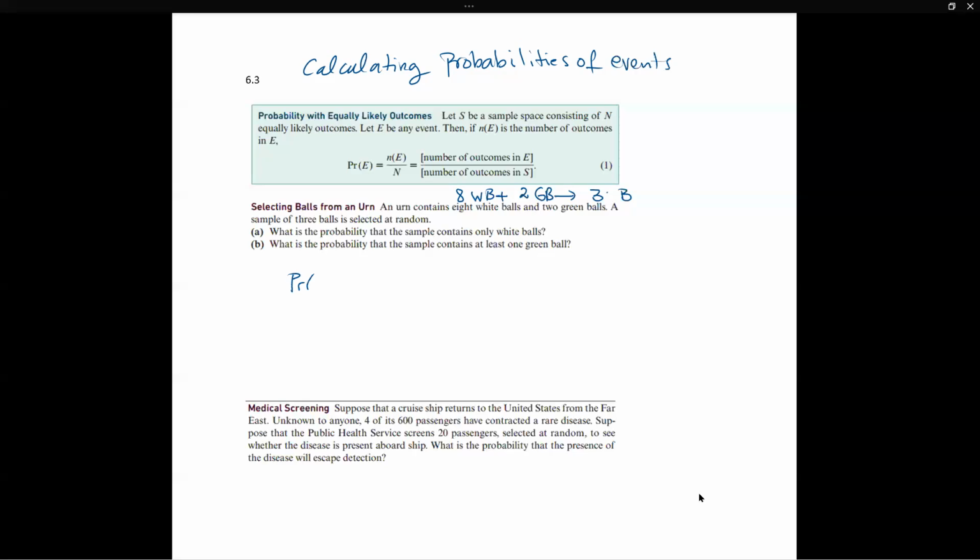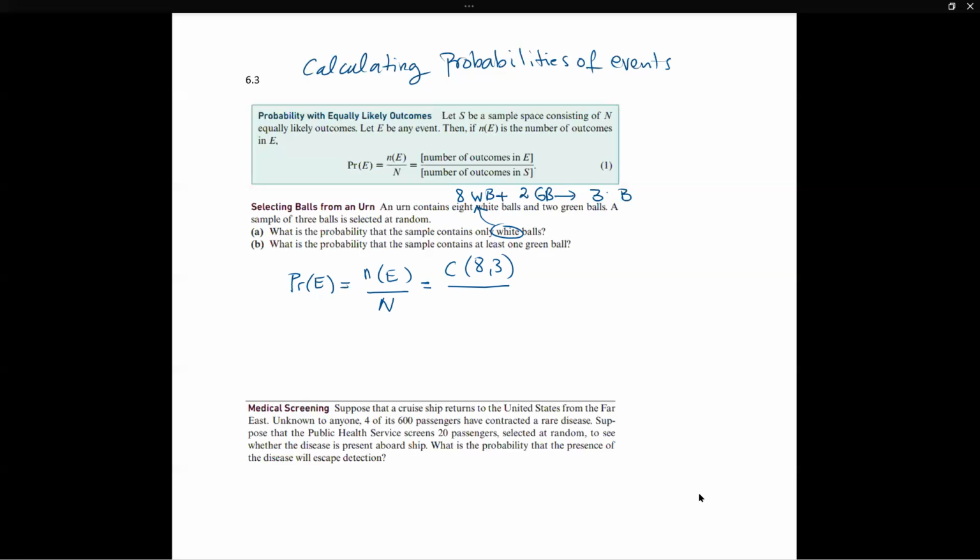So the probability of the event E that we're interested in is the number of outcomes in E over n, the total number of outcomes in the sample space. Here it's a combination of taking 3 out of 8, since we're interested in white, the top one, you're taking from 8.